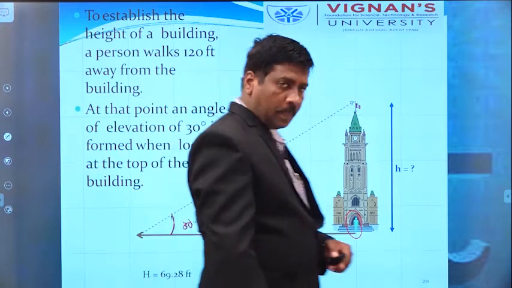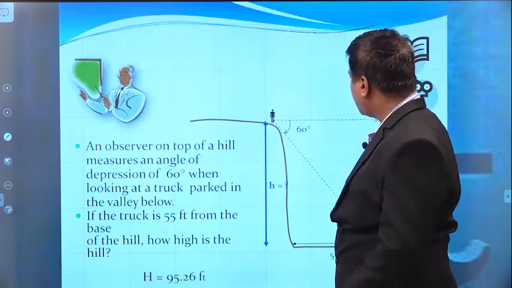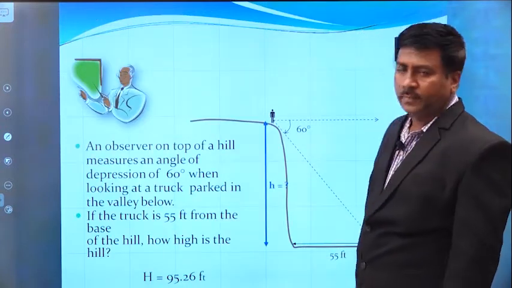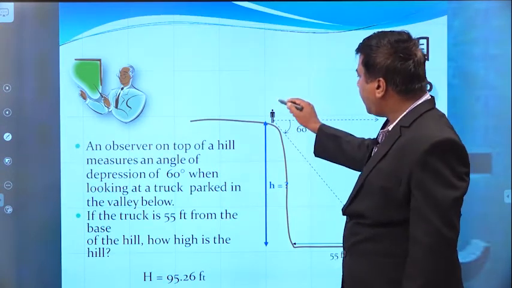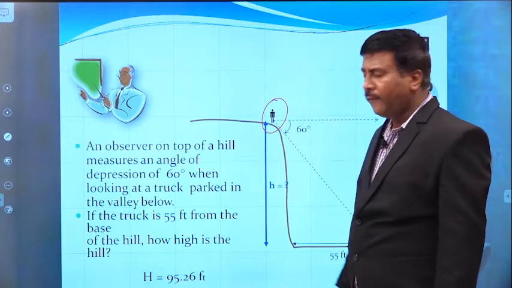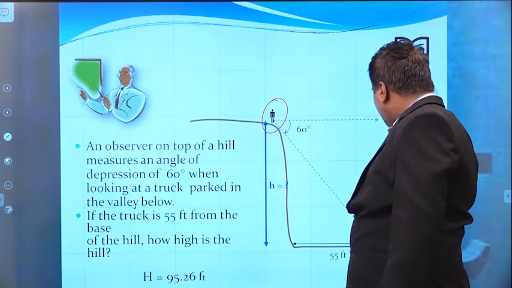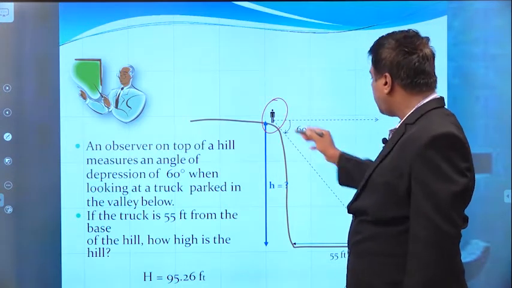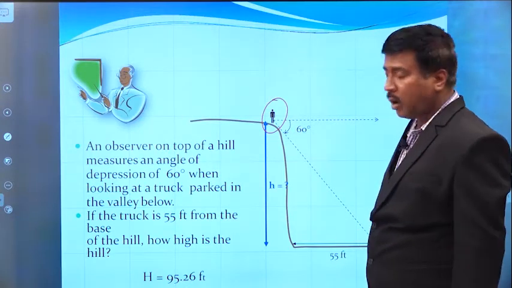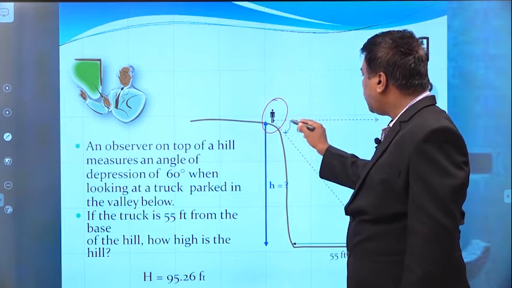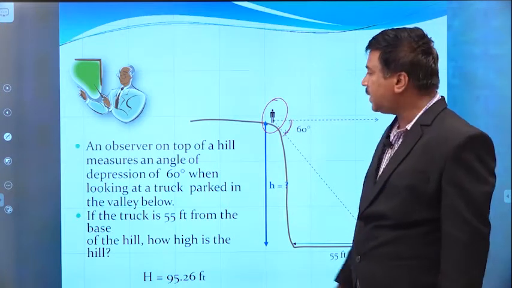Similarly, the second one is angle of depression. Here the person is at the top of a level, and the object is at the bottom. The person sees the object. Here we have to assume the angle is 60 degrees.